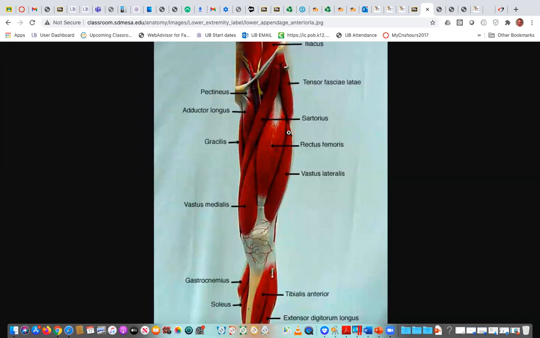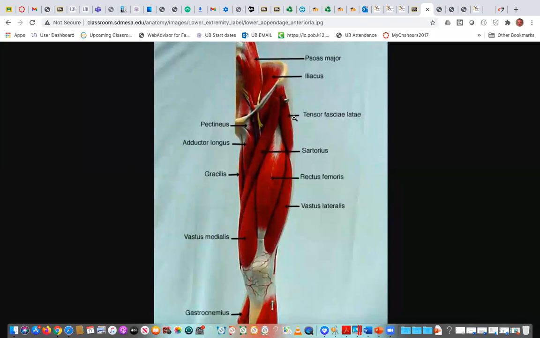The sartorius muscle flexes the hip, abducts the hip, and externally rotates the hip. That's the action. Almost like you're sitting with your legs crossed in a figure 4 position. You have to flex it, abduct it, and externally rotate. That's the tailor's muscle. Okay, that's the Sartorius.